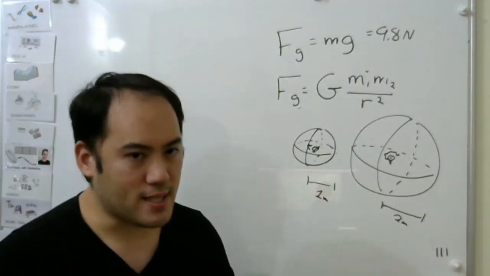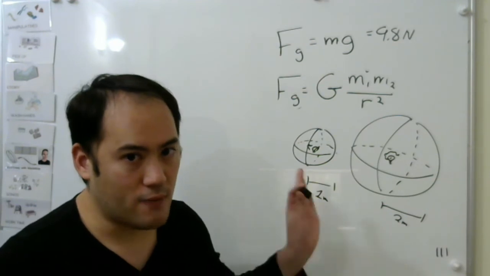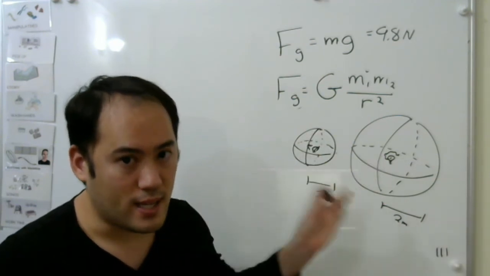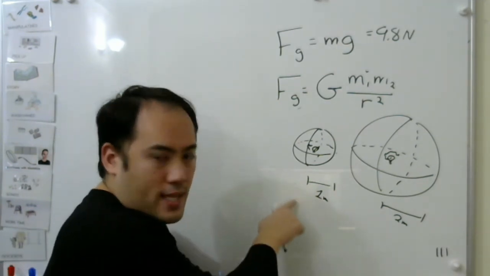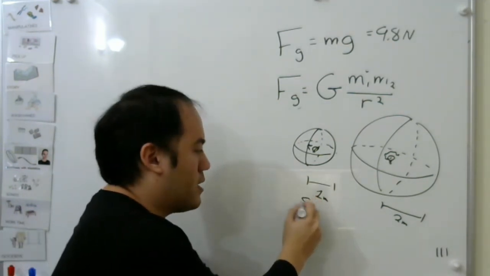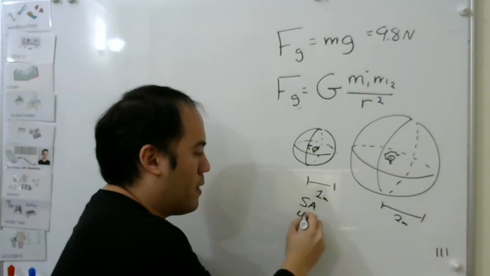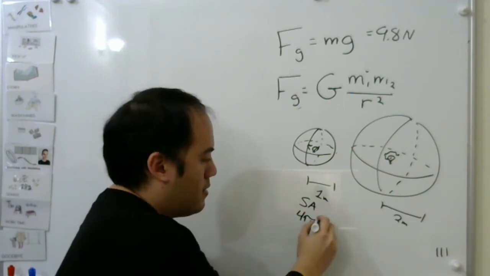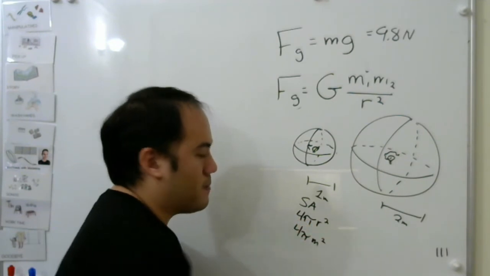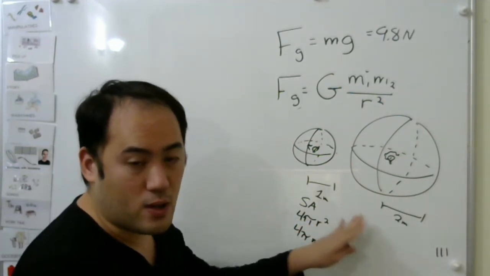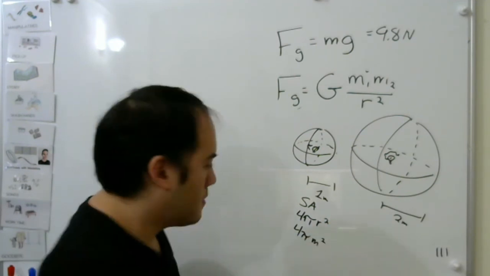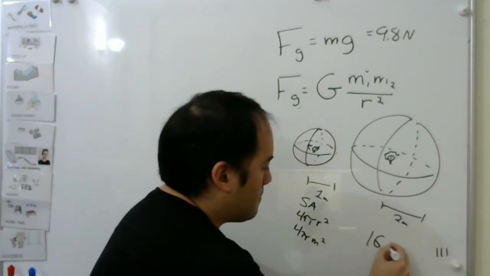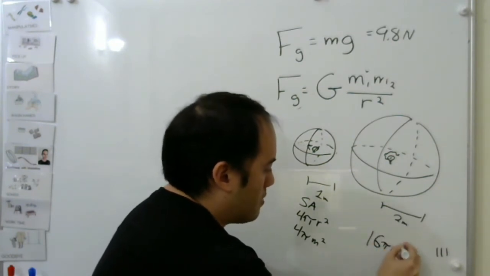In both cases, all the light waves that come from the light bulb will hit the outside of the sphere. In this case, they're spread over a surface area of 4 pi r squared, which is 4 pi meters squared. In this case, they're spread out over the surface area, still 4 pi r squared, 16 pi meters squared.